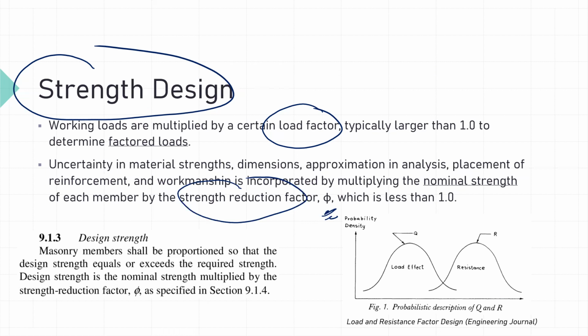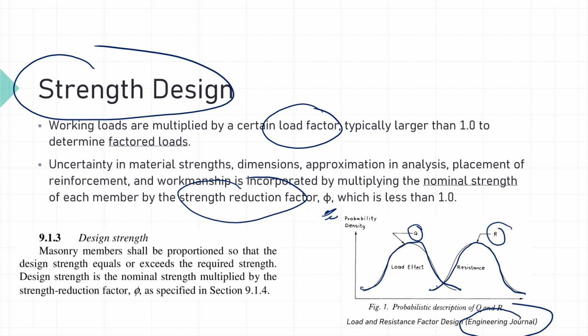Those are the fundamentals of strength design. I took this diagram out of the engineering journal, and I have the reference for that. If we look at a normal probability distribution on the resistance side of our equation, the design strength side, that is denoted by R. And if we have our load effect normal distribution, usually denoted by Q, we want to make sure that our load factor times our load effect is less than our strength reduction factor times our resistance.